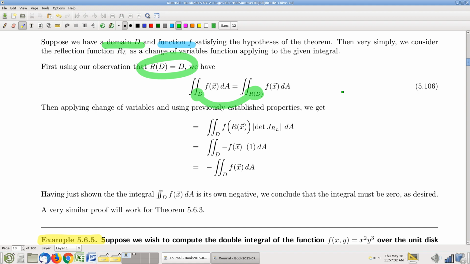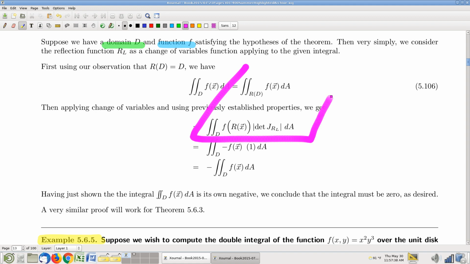All right. Now we're going to look at this integral here, and we're going to do a change of variables, which is why this discussion is in the section on change of variables. After all, notice we're looking at an integral where the domain is an image. It says right there, it is the image through R of this other domain.